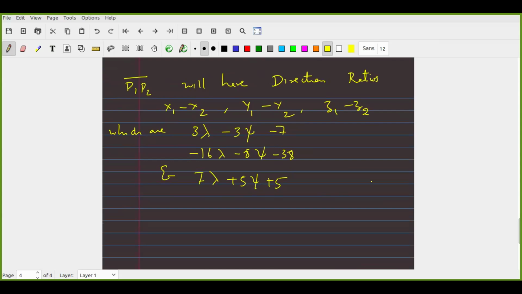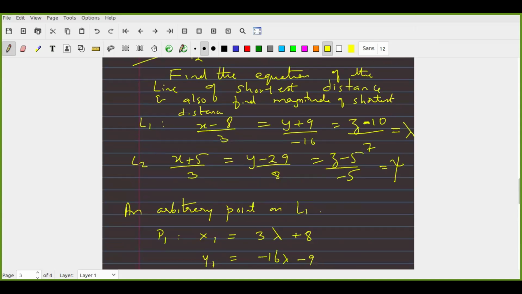Using them, let's say this is A1, this is A2, this is A3. 3A1 minus 16A2 plus 7A3 should be 0. Why? Because 3, minus 16 and 7 are the direction ratios of the line L1.